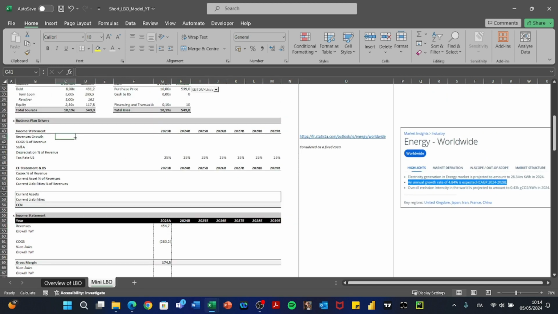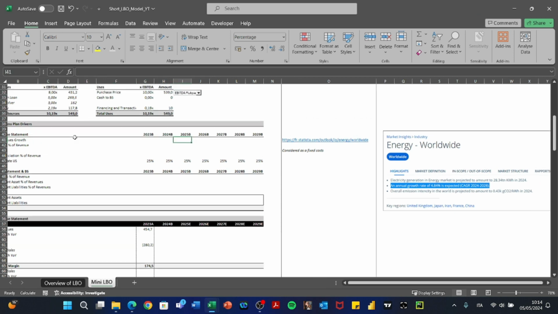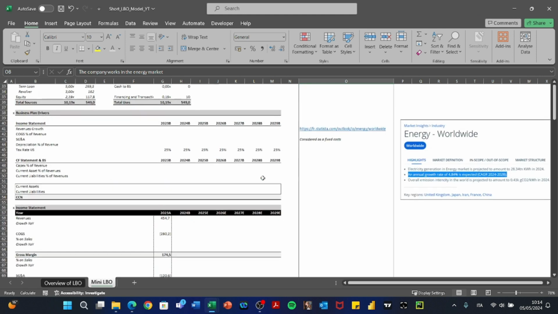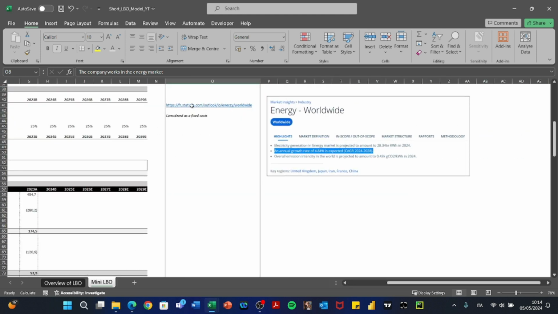So about the revenues, let's suppose that this company works in the energy market. I've seen from Statista, this is the link, that the annual growth rate expected from the energy sector worldwide is 4.84%.